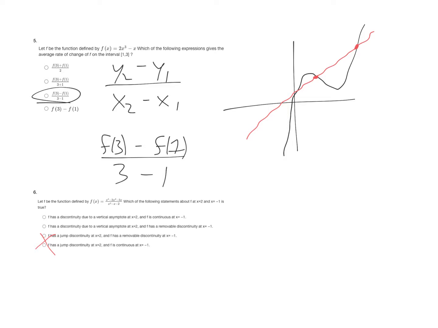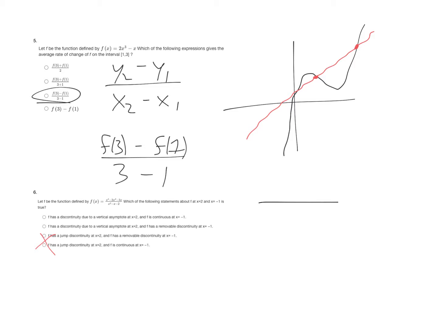Well, we can only have these other types of discontinuities if the function is undefined at that value. So I need to figure out where this is undefined. And since there's no roots and no logarithms, the only thing that's going to make this undefined is a 0 in the denominator. So I need to factor and figure out exactly what my domain is.